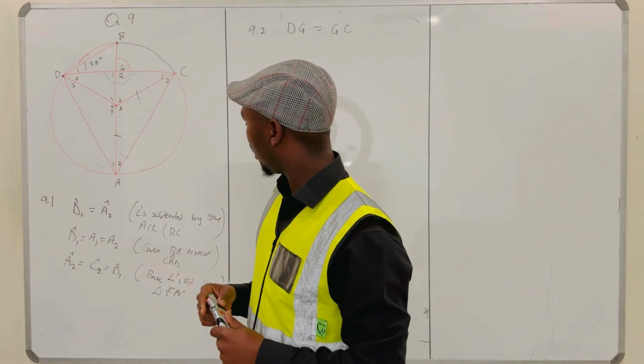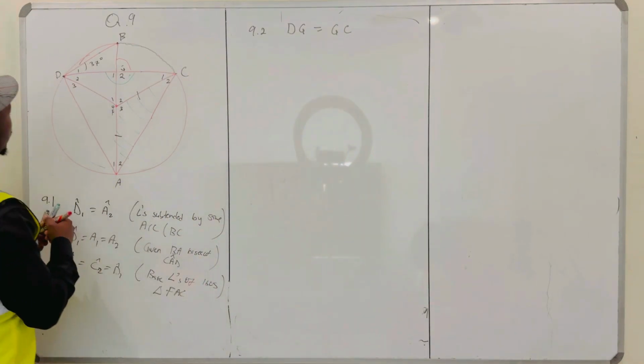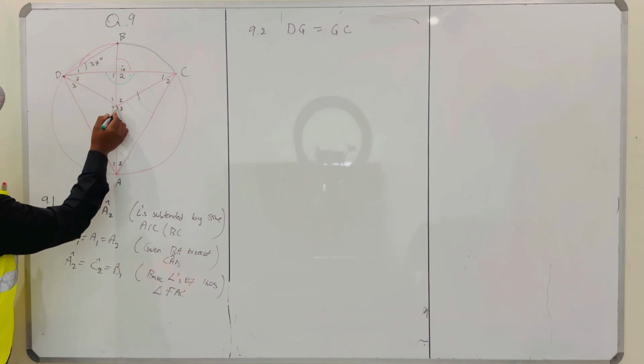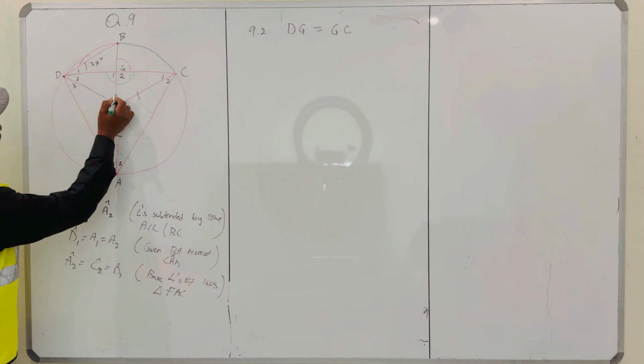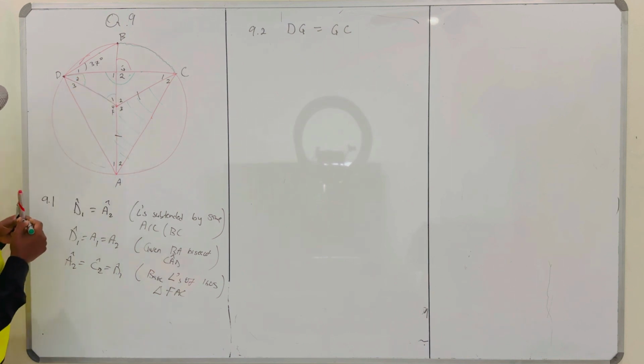First thing one can do is, if we decide to focus on this triangle here, then we need to find this angle and find this angle so that we can find that one.